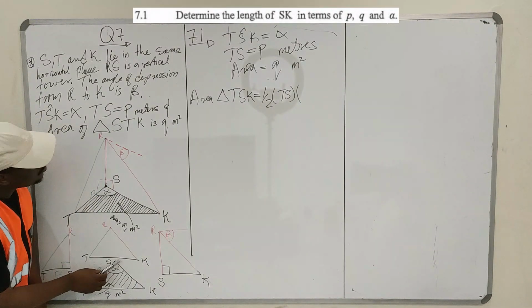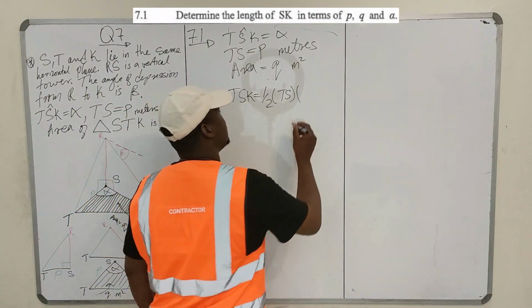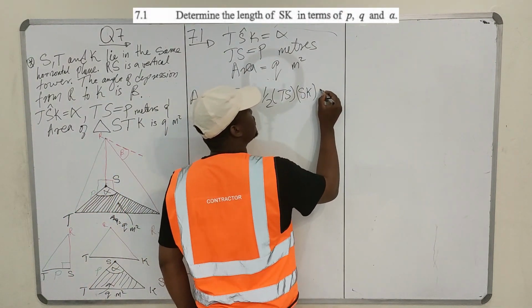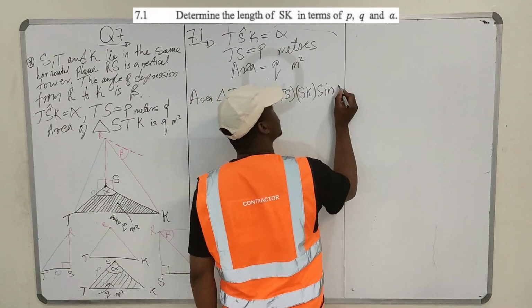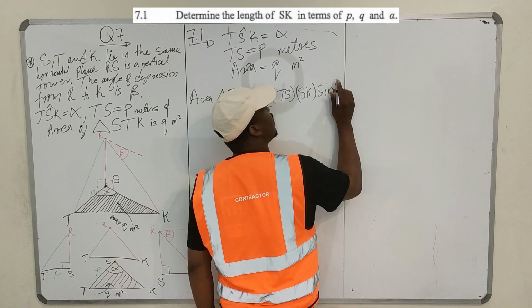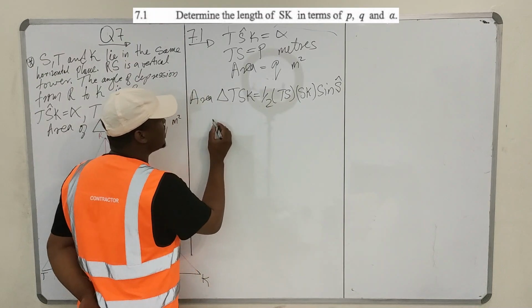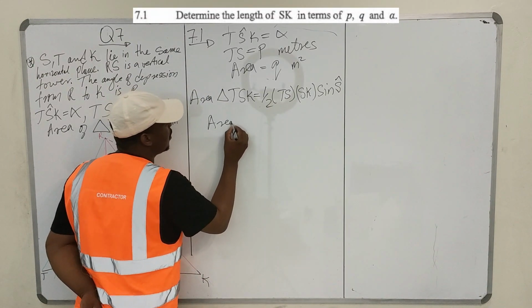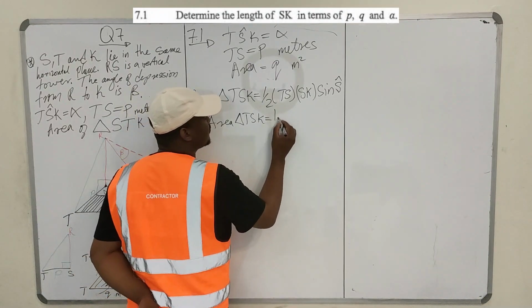So it's going to be half of TS times SK times the sine of the included angle, which is alpha, angle S.